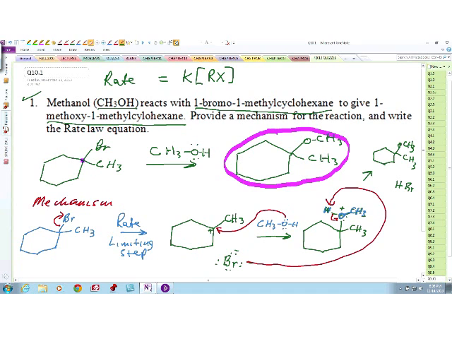Okay, if I simply just say, from here, go to here, give me the mechanism. But if I do ask you a question that relates to optical activity, or something about racemate or enantiomer, then you have to show the stereochemistry. Because you notice here, I did not show stereochemistry, because this molecule is not optically active.